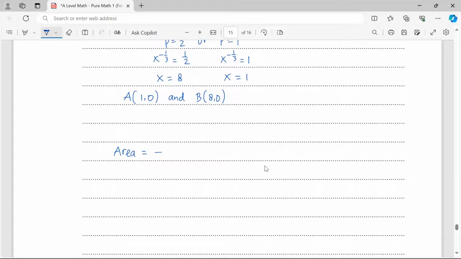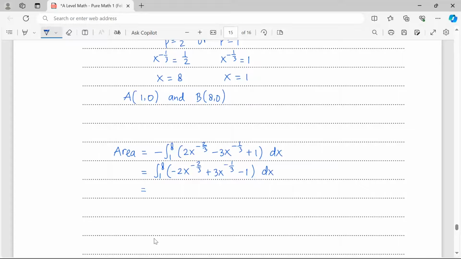So negative integral going from 1 to 8 of the function, which is 2x to the power of negative 2 over 3 minus 3x to the power of negative 1/3 plus 1, dx. Okay, so now let's do the integration. We can distribute the negative first. So integral from 1 to 8 of negative 2x to the power of negative 2 over 3 plus 3x to the power of negative 1 over 3 minus 1 dx.